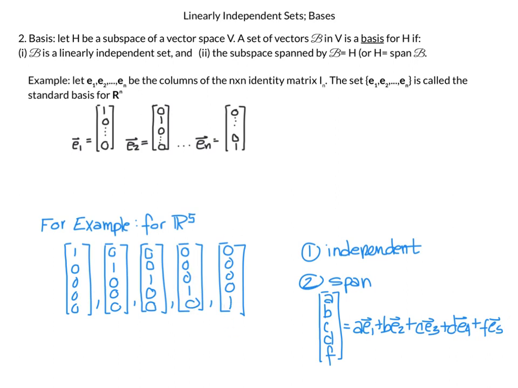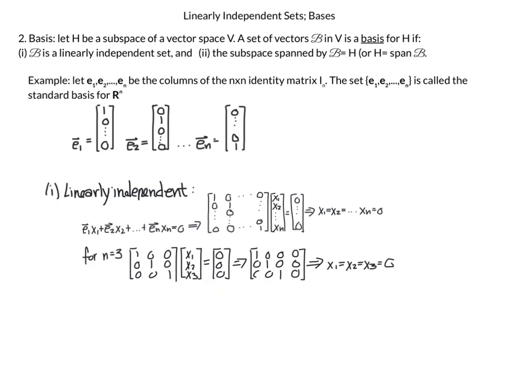But let's just go ahead and do this formally. First, we want to show that they are linearly independent, so we're going to write our equation where we have E1 times a constant plus E2 times a constant up to En times a different constant equals 0. So we have this augmented matrix here, but what you can see is that you can actually just look at it, and you can see that what this is going to necessitate is x1, x2 up to xn are all equal to 0, meaning they are linearly independent.